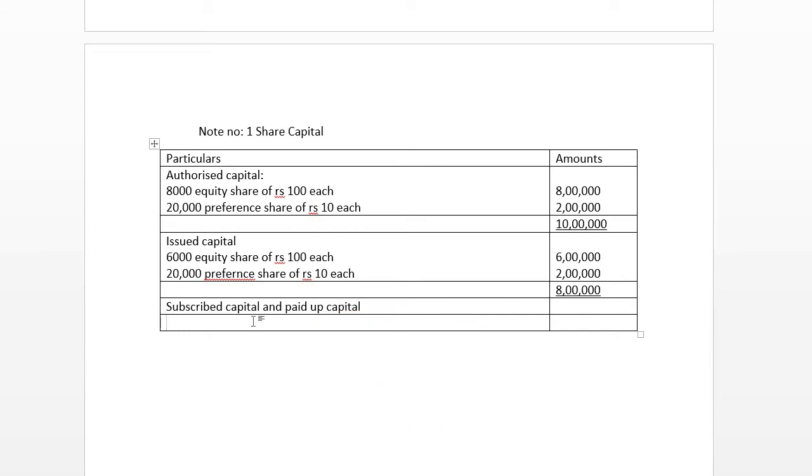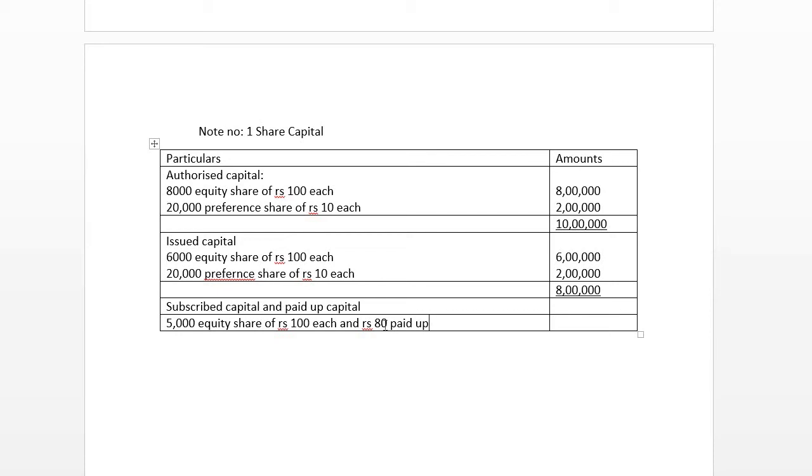Assume that the subscribed capital is 5,000 equity shares of rupees 100 each and rupees 80 paid up. At that time, 5,000 into 80 per share is paid up, right?